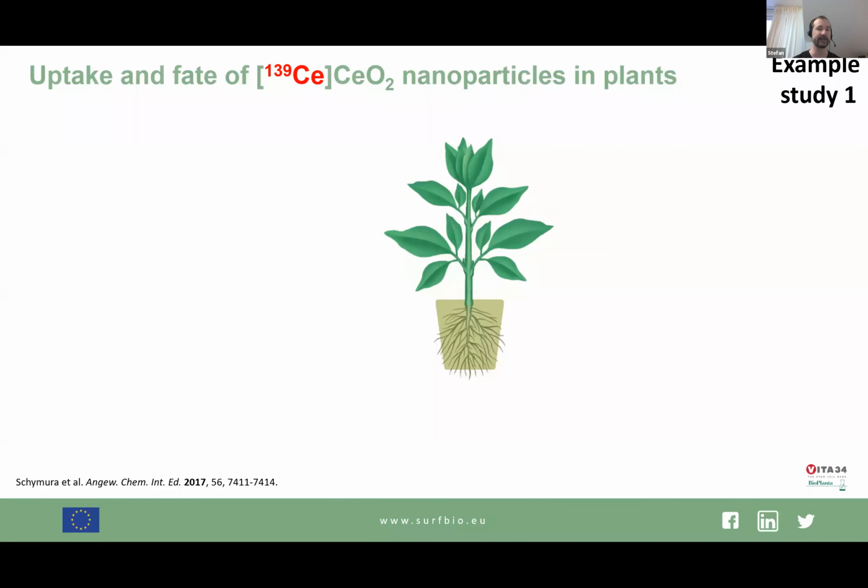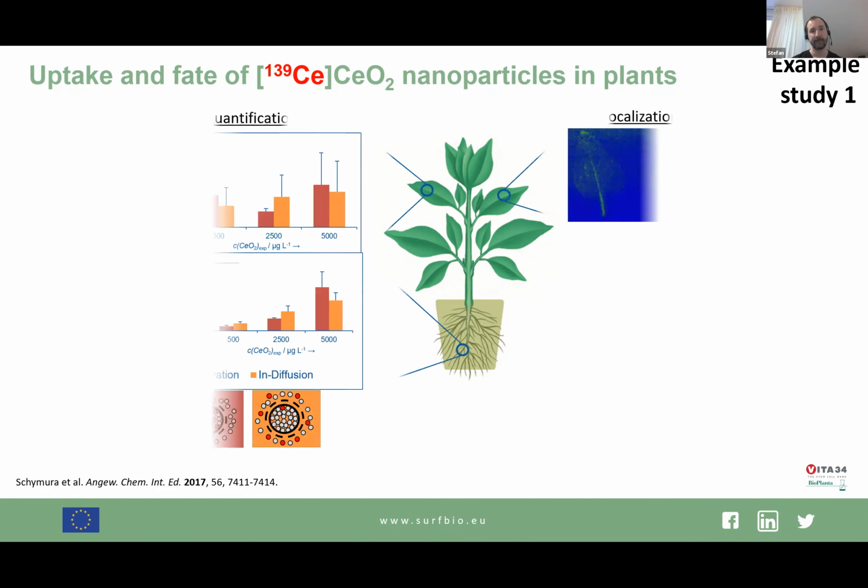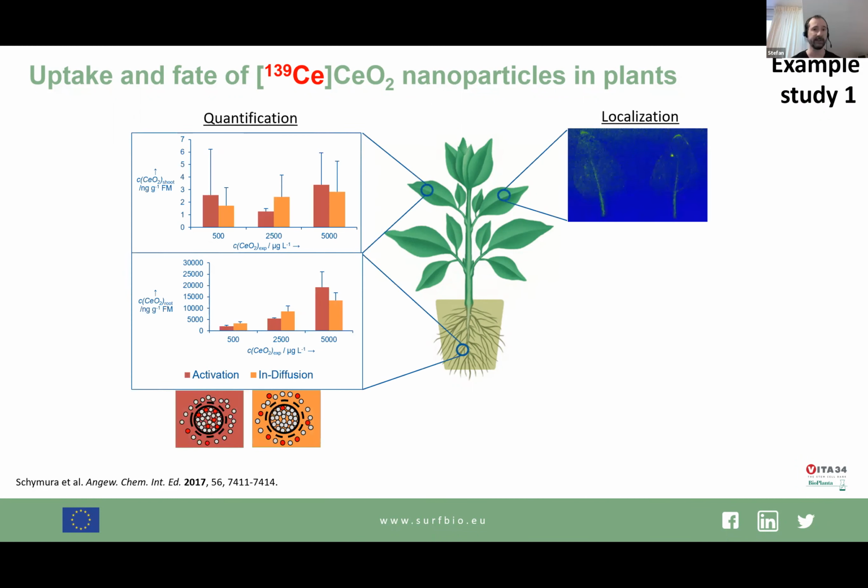And we have done this in the case of plant uptake of these particles. First of all, we did a quantification, of course, in the roots and in the shoots and the leaves of plants.